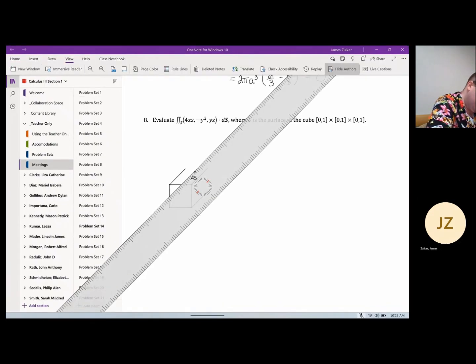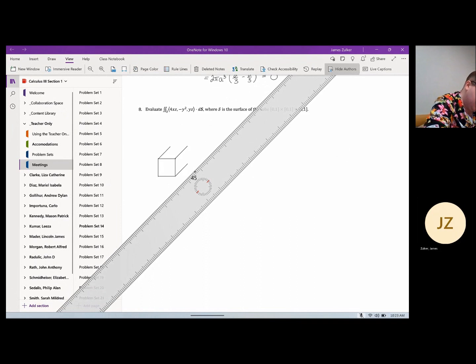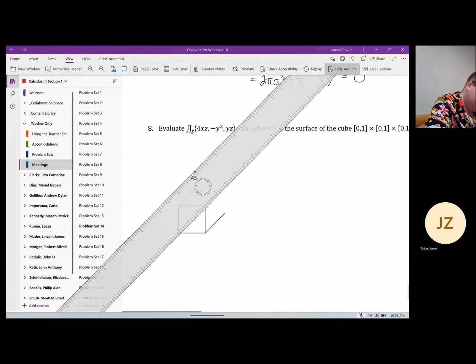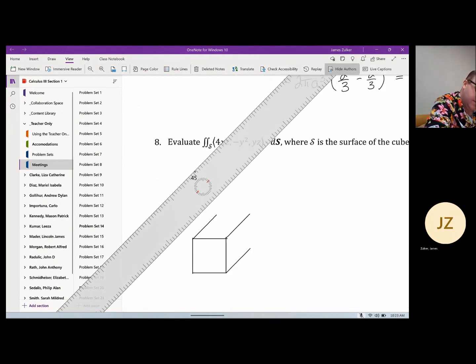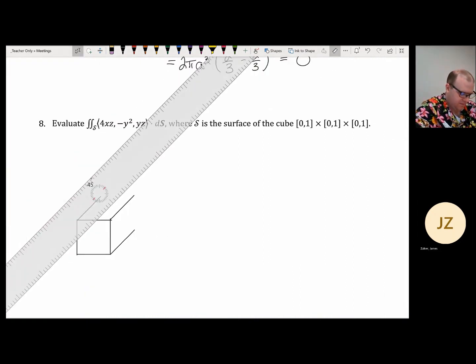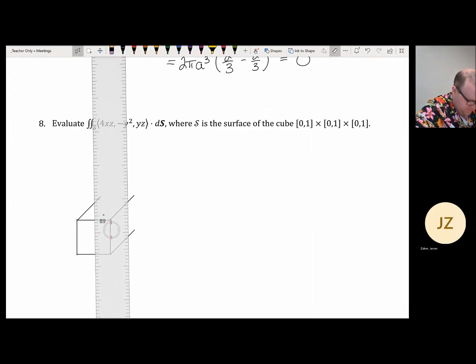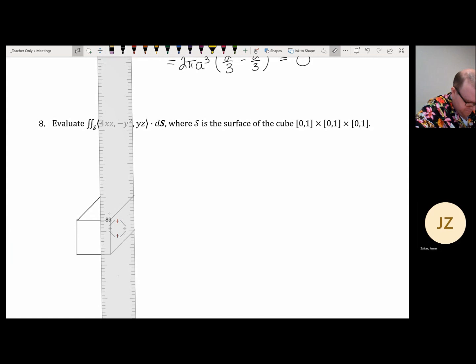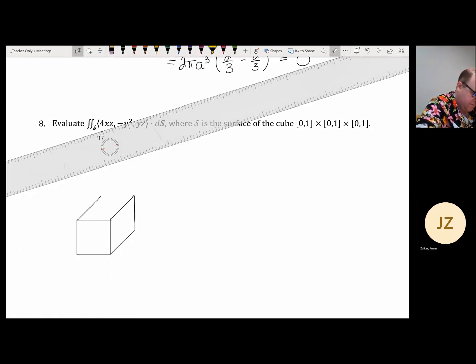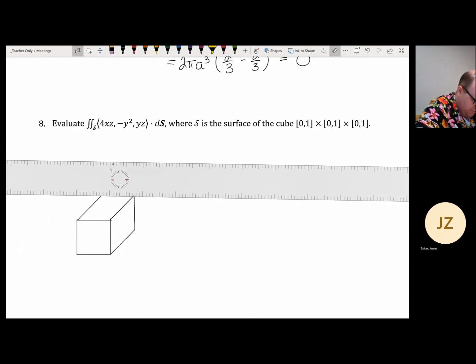Where's my zoom view? No. I think that's what I had. Those connect. These two should also connect. Oh, they do. Perfect.